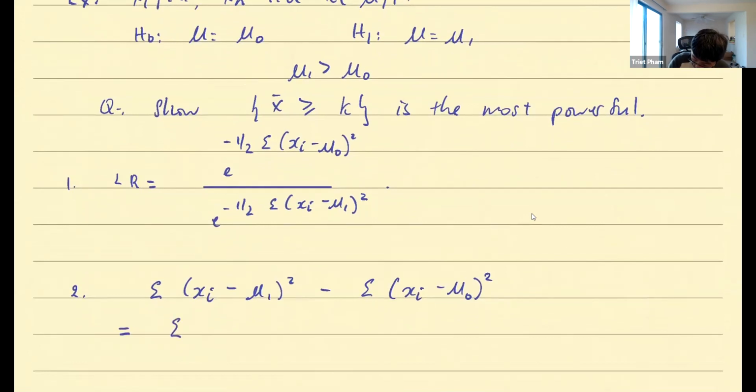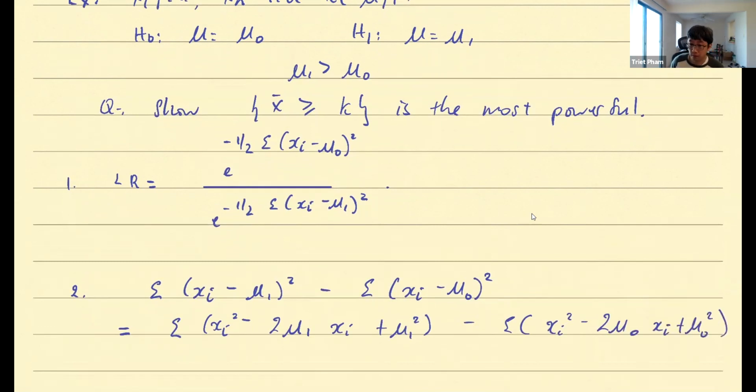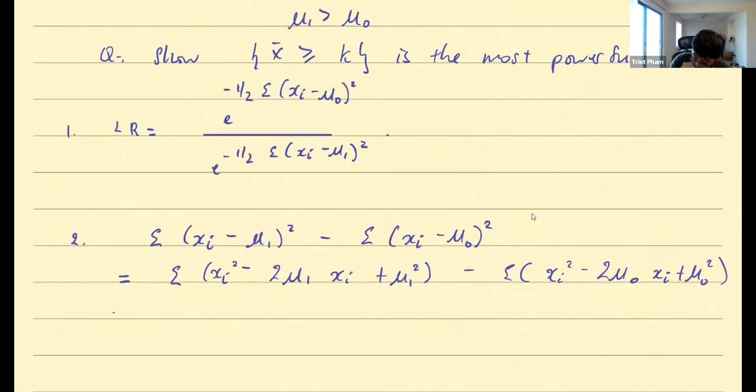So that will be n, cancellation. Let's factor out the -2.